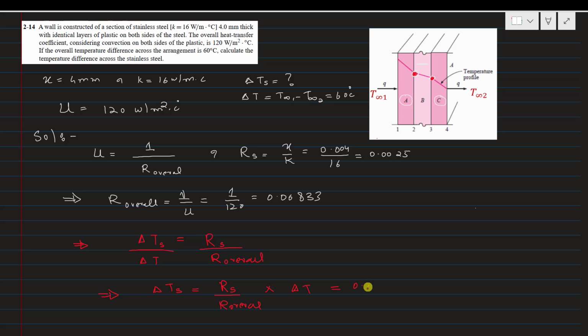It is 0.0025 divided by R overall, that is 0.00833, multiplied by the overall temperature difference, that is 60. When you simplify this on a calculator, you will get the temperature difference across the steel, that is 18 centigrade. I hope you understand. If you still have any confusion, you can ask in the comment section.